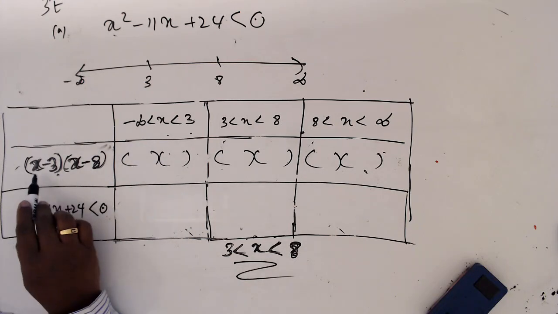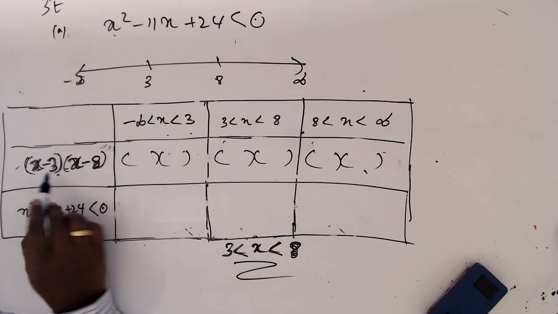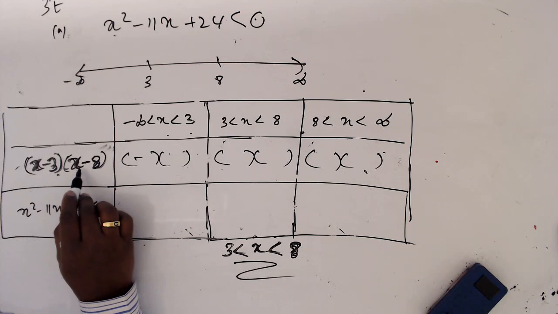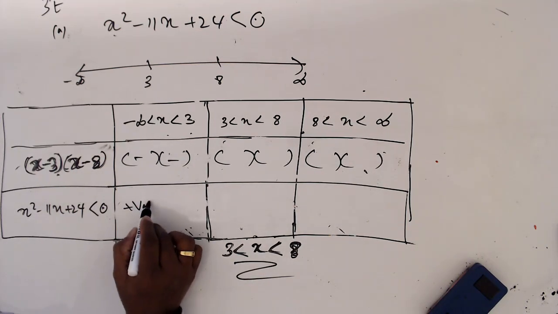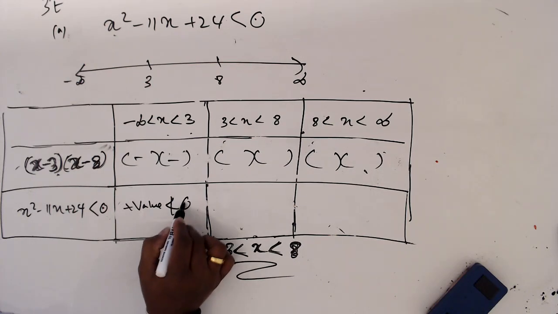If you put minus 10,000 here, this is going to be negative and this is going to be also negative. Then the answer is a positive value, not less than 0.